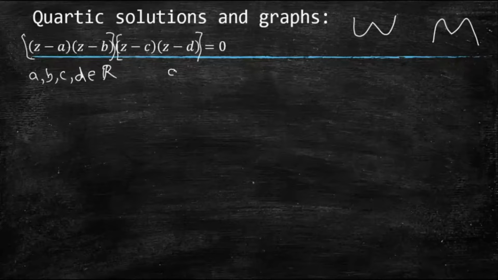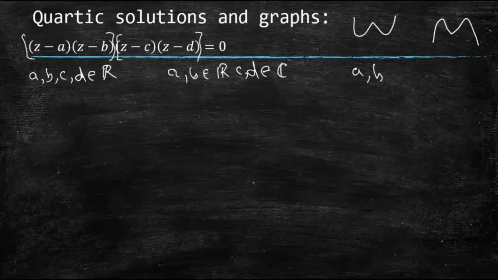You can have two real from the first quadratic and two complex from the second quadratic, or you can have all of them complex. As I said, you cannot have one real and three complex. I cannot have A real and B, C, D complex because I need complex roots in pairs.